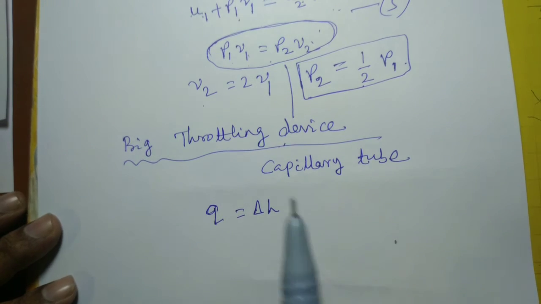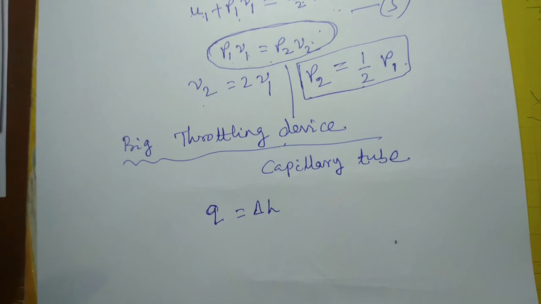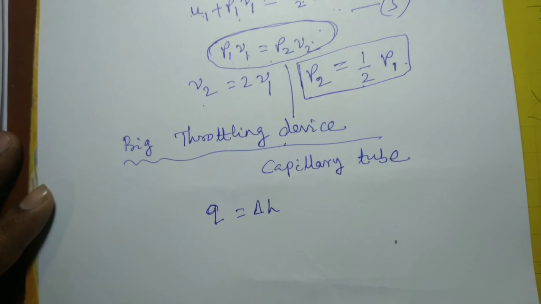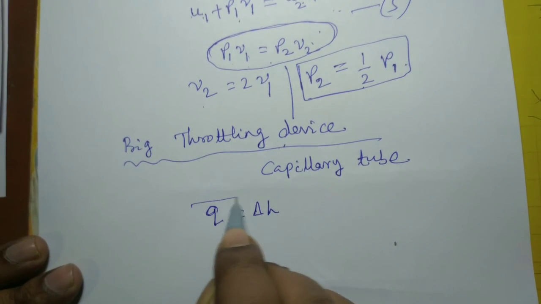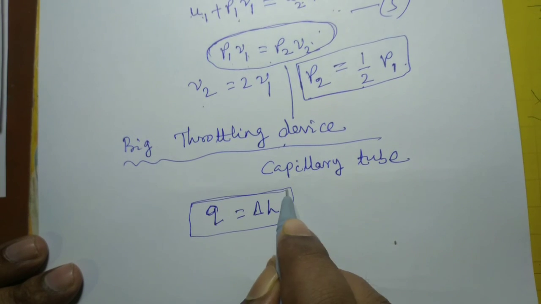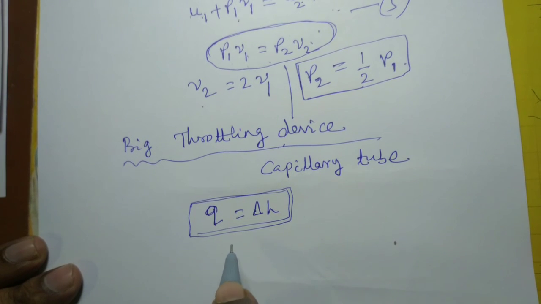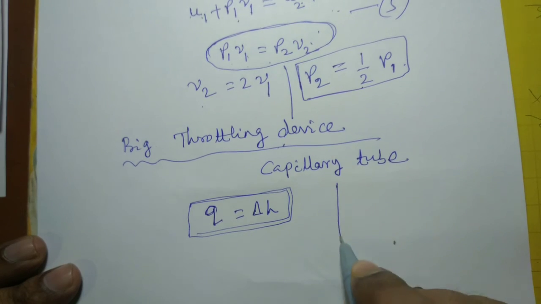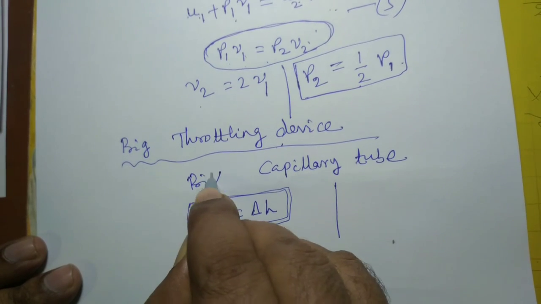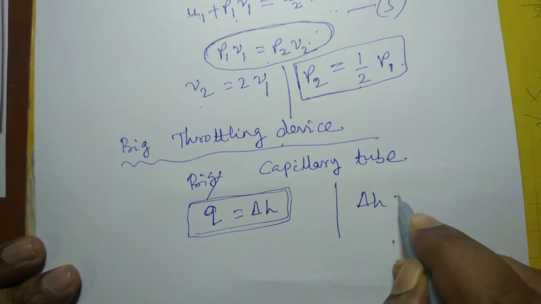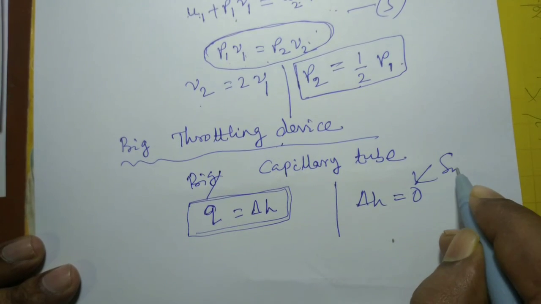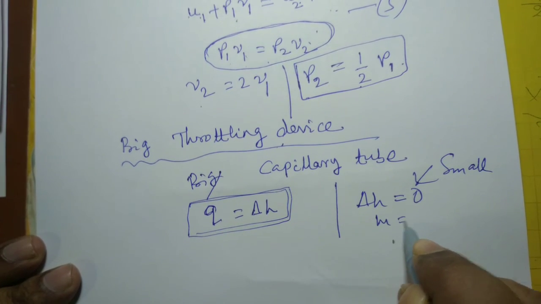There will be some significant heat flow possible. That means there may be some heat transfer taking place. So for that case the equation will be Q is equal to delta h. But for a small throttling device, delta h is zero, or H1 is equal to H2.